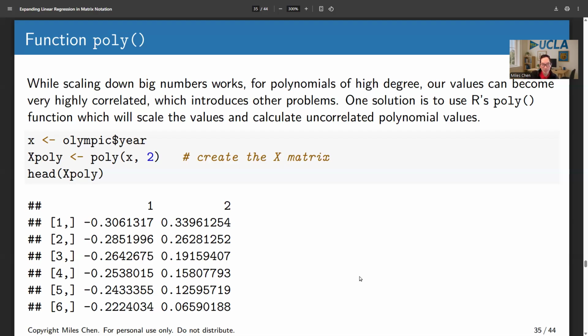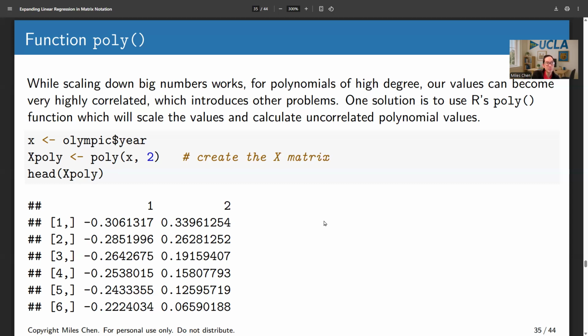But going back to what I was saying: when you have these terms, x, x squared, x cubed, x to the fourth and so on, you end up getting highly correlated columns, right?